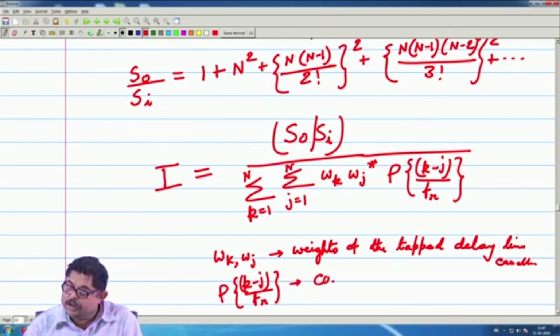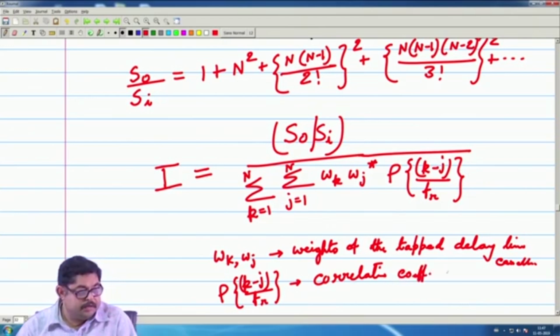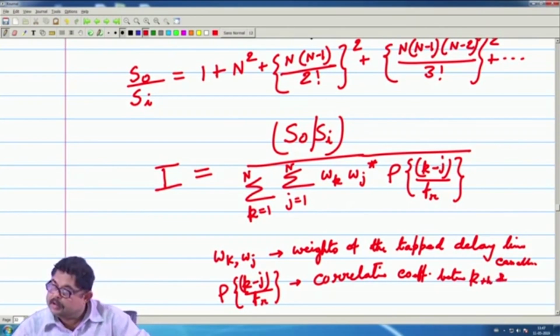This is the correlation coefficient between the kth and jth samples.